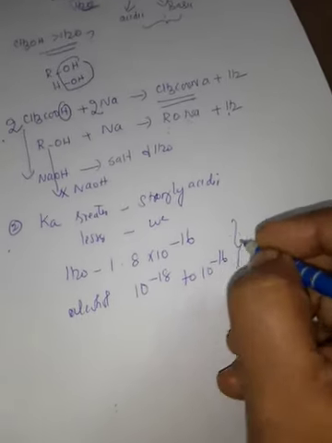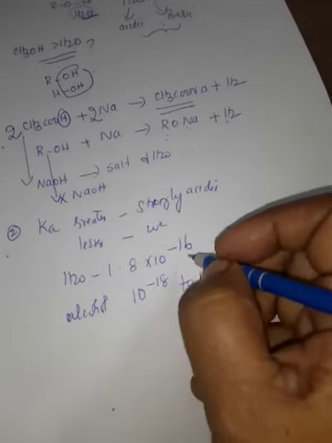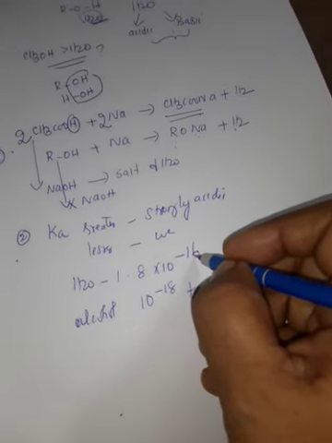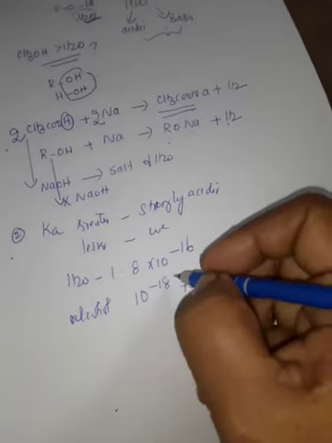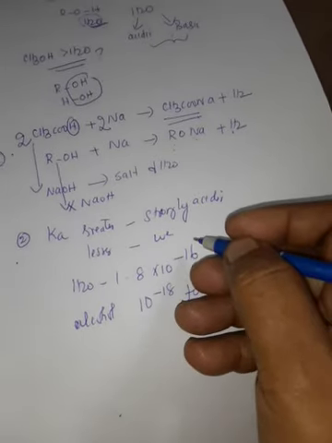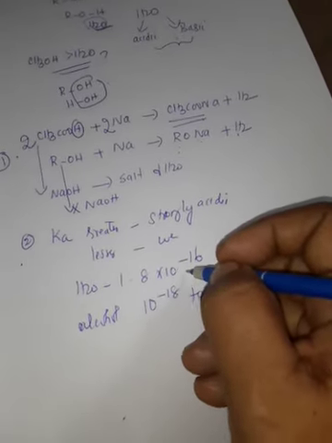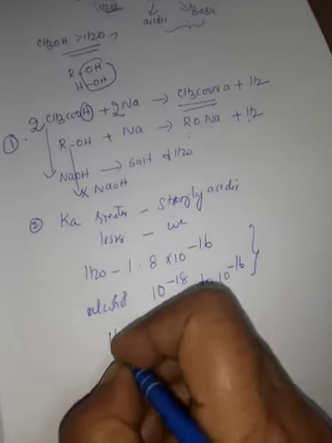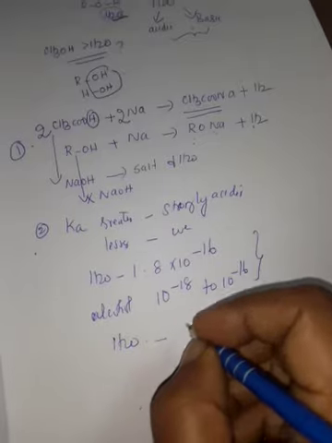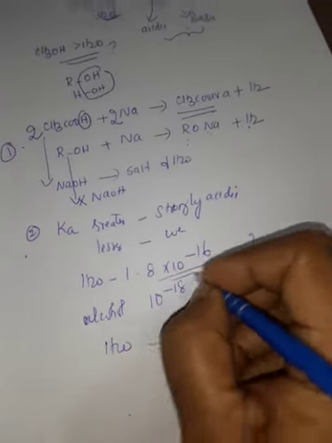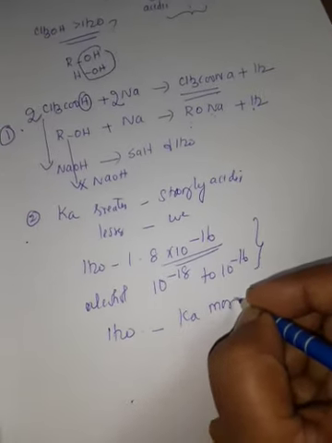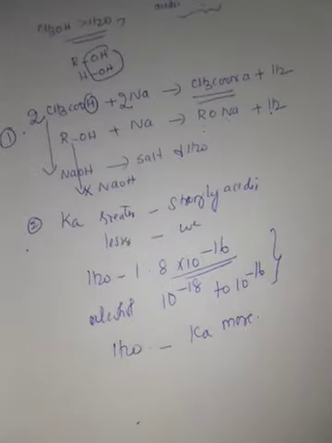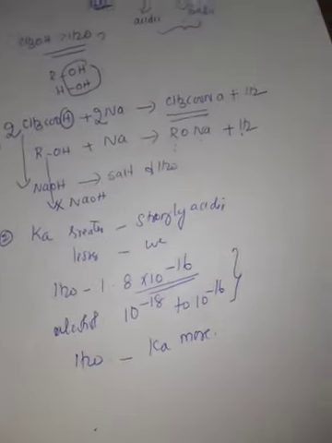So comparing both, the one with the greater negative power has the smaller value. Water has the higher Ka value, so water is more acidic than alcohols.